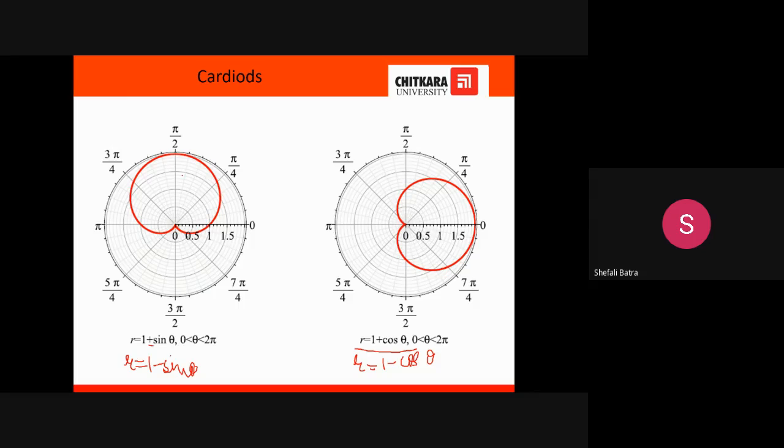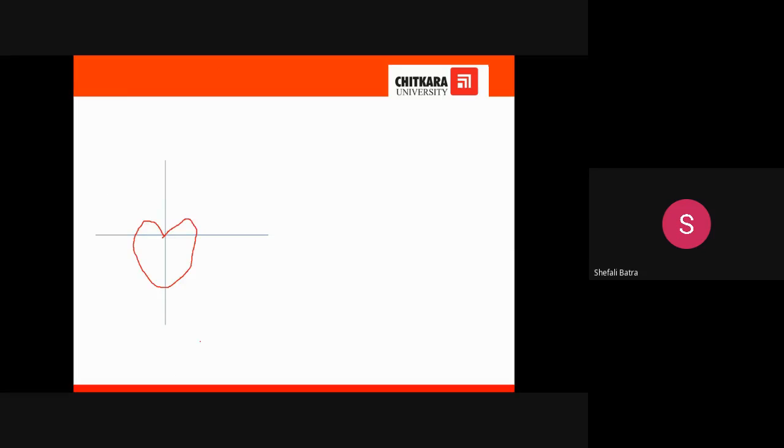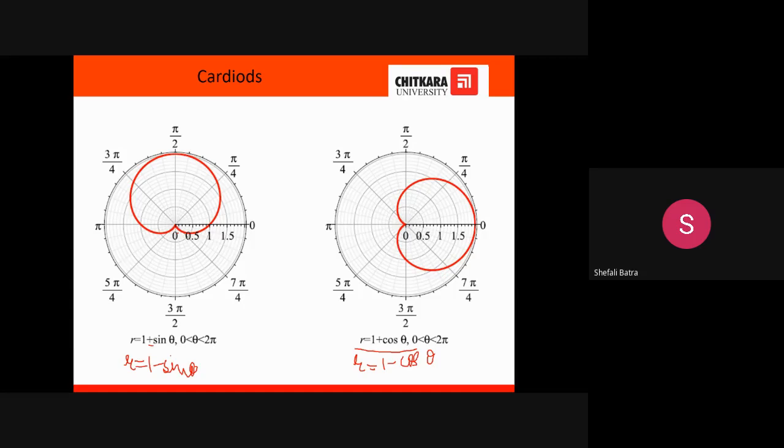This is your cardioid, and its maximum part is on the positive y-axis. And r is equal to 1 minus sine theta I'll draw like that. The maximum part of the cardioid is on the negative y-axis. You always relate sine with the y-axis, because sine 90, theta 90 is on the y-axis, and sine 90 is always 1.